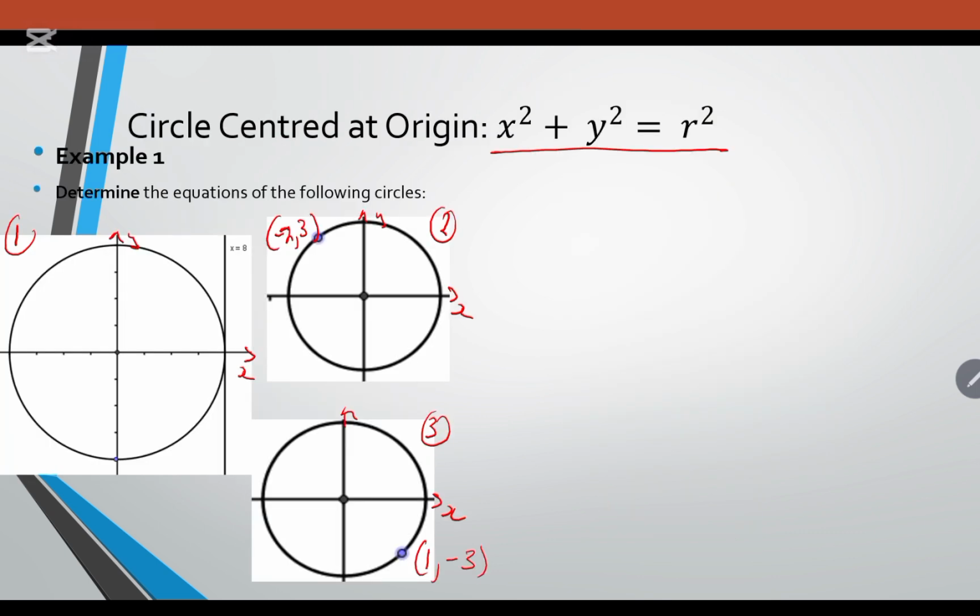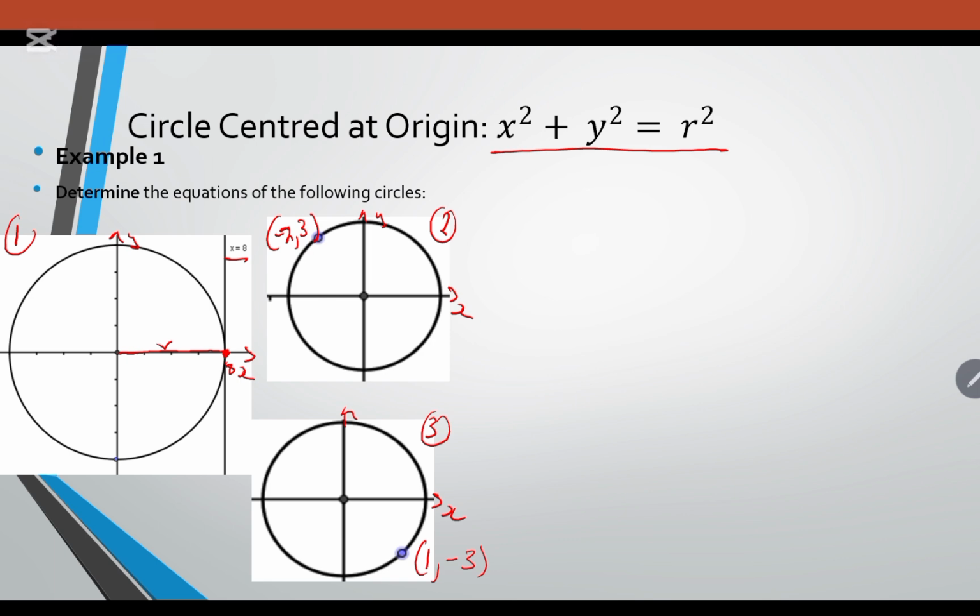Now, starting with circle number 1, we want to determine the equation of the circle. The length from the origin to the circumference of the circle is the radius. What is the value of x at this point? This circle has a tangent at this point with the equation x is equal to 8. So the value of x at this point is 8.